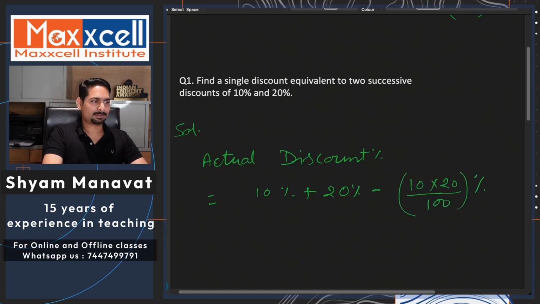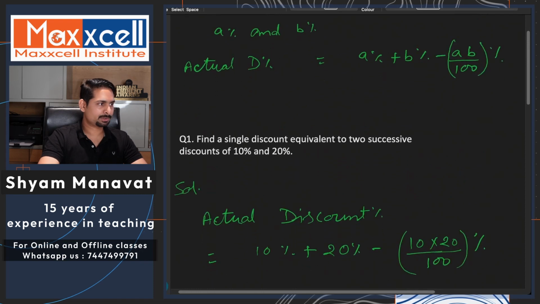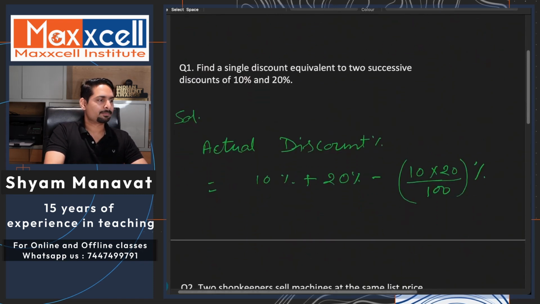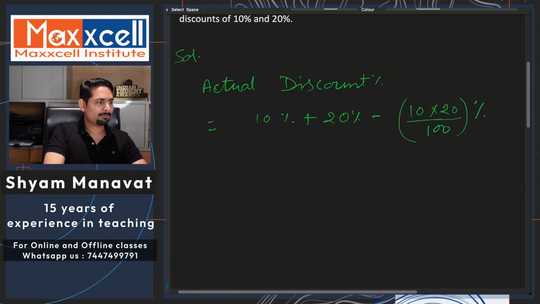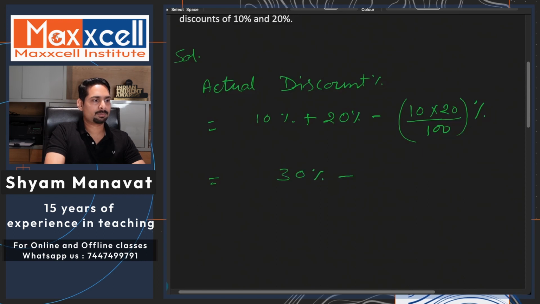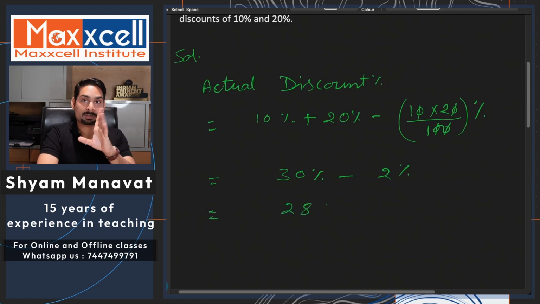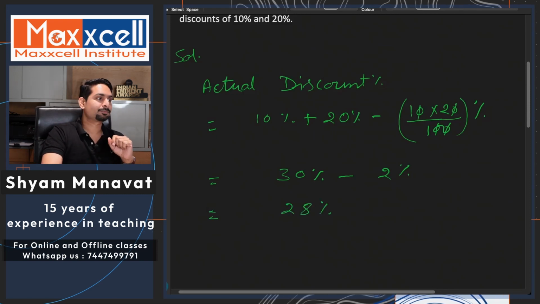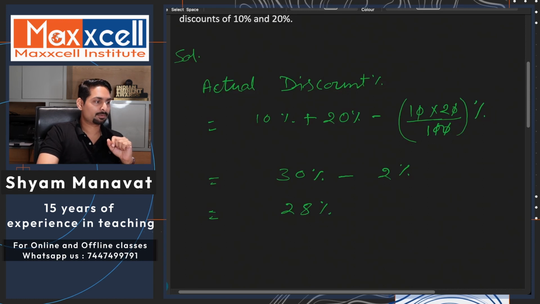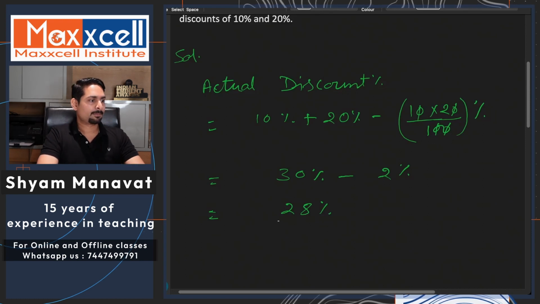As per this formula, I will show you this question without the formula also, don't worry. So here we have 10 plus 20, 30%, minus 1 into 2, 2%. So the final discount is supposed to be how much? 28%, not 30%, right? Did you get it?